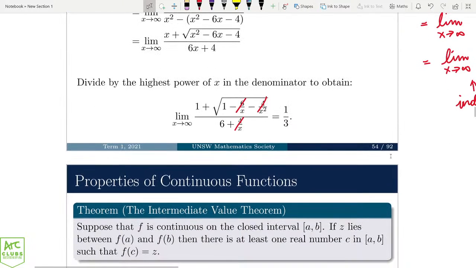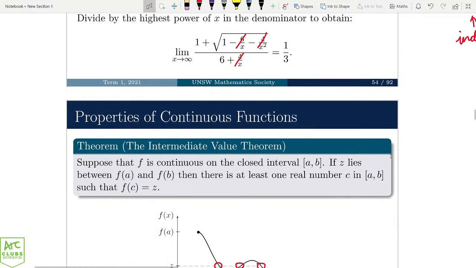Now moving on to our next topic, we have properties of continuous functions. So one of the most important theorems covered in this particular topic is the intermediate value theorem.